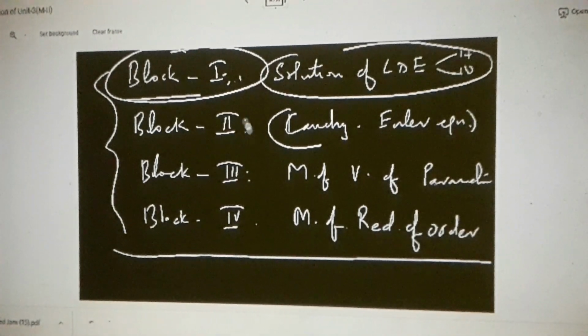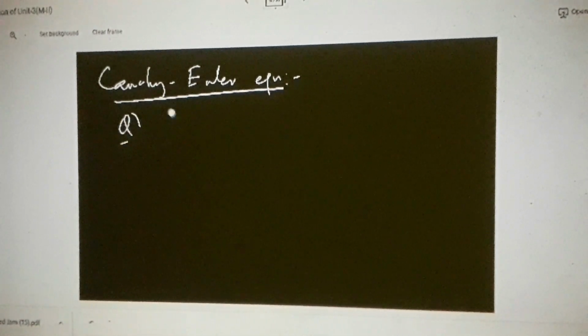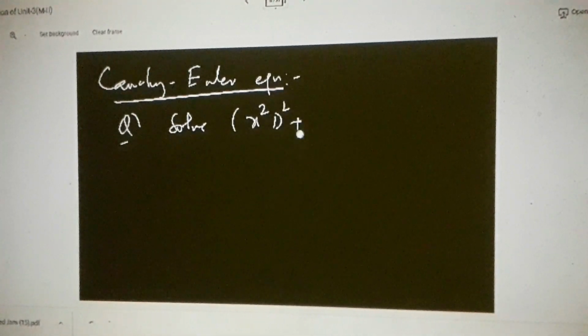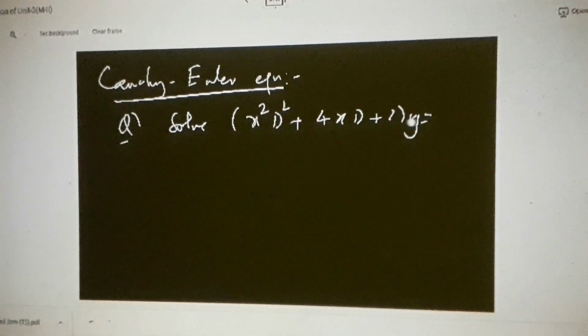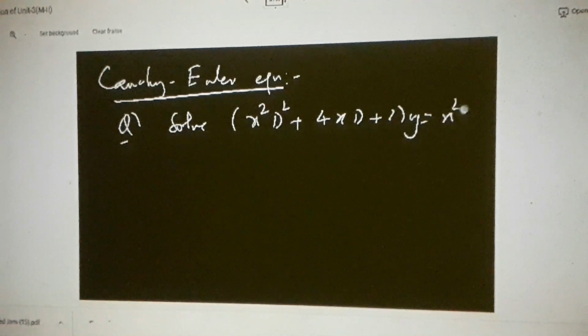So, the Cauchy-Euler equation. Okay, now I don't take much time. Please wait for a little time. So now we are dealing with the Cauchy-Euler equation. Generally a question appears like this: solve x square D square plus 4xD plus 2 of y is equal to e to the power of x square plus 1.